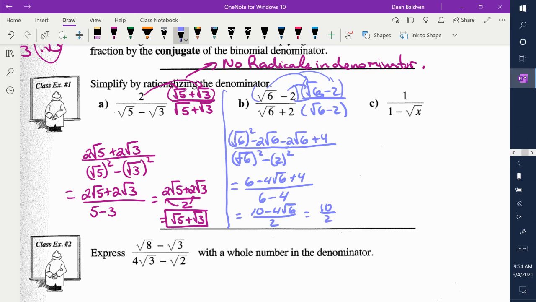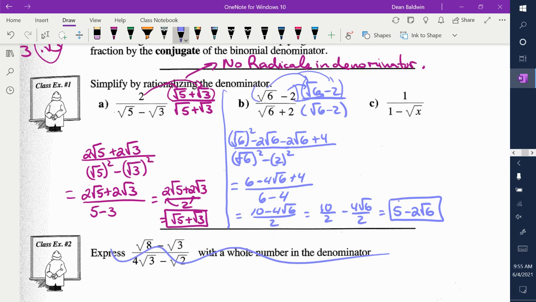So it's 10 over 2 minus 4 root 6 over 2. 5 minus 2 root 6. Nope, you can't combine them because they don't have the same radicand. Right? So you just leave it. And that's it. And that is the unit.